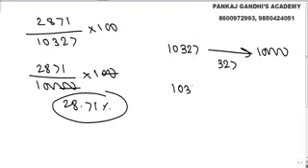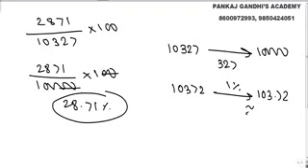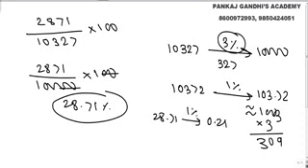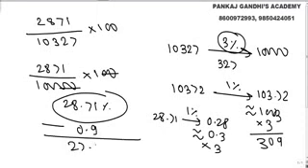Now 1% of this number is 103, close to 100. So into 3, we can say 103 times 3 is 309. So close to, I have reduced by 3%. So what about the answer? Answer's 1% is 0.28, we can call it 0.3 nearly. So 3% of that is 0.9. So we get 27.8.